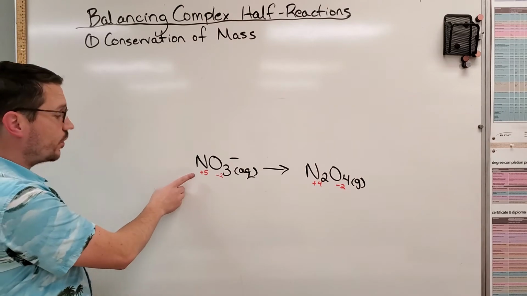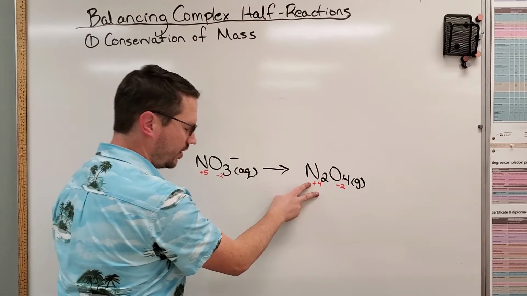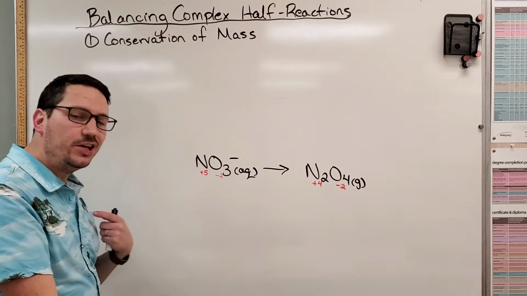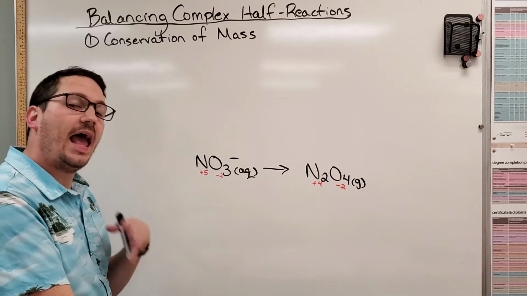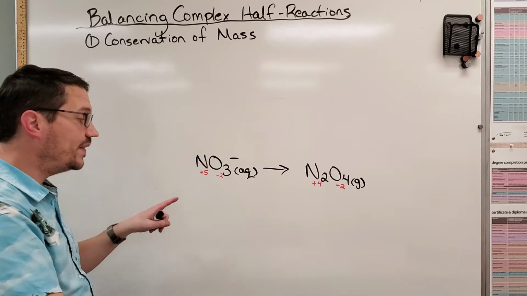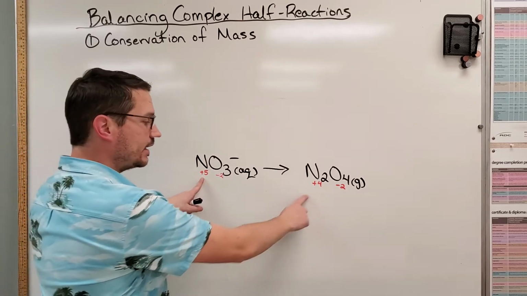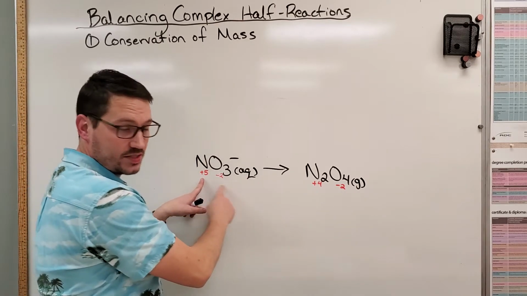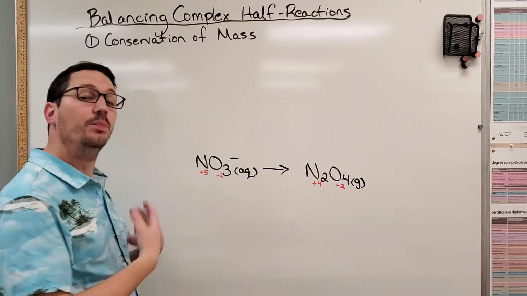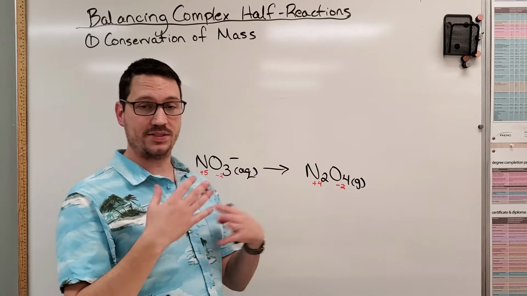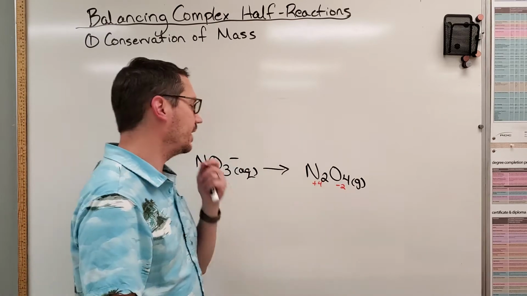So the nitrogens are going from +5 to +4. The oxygens aren't changing, so this is only showing half of the picture. We're only getting a gain in electrons from +5 to +4. This is not a complete redox reaction. So because it's a half reaction, we're allowed to add electrons at some point at the very end.